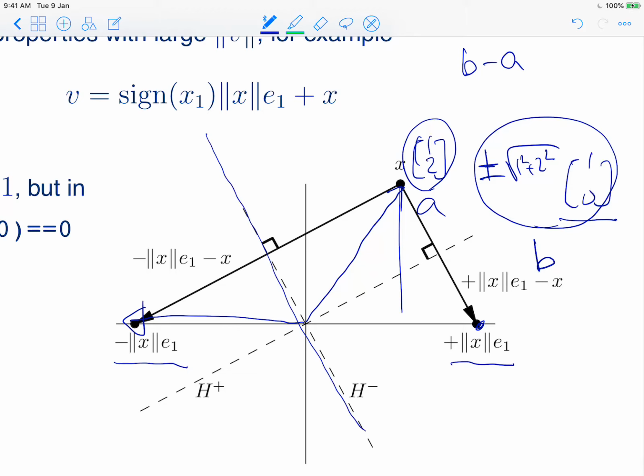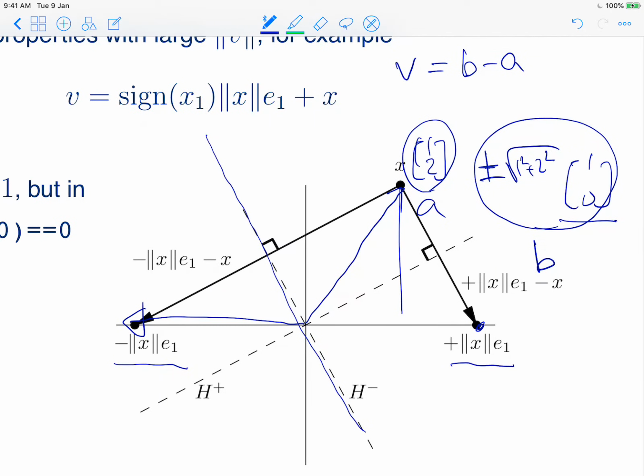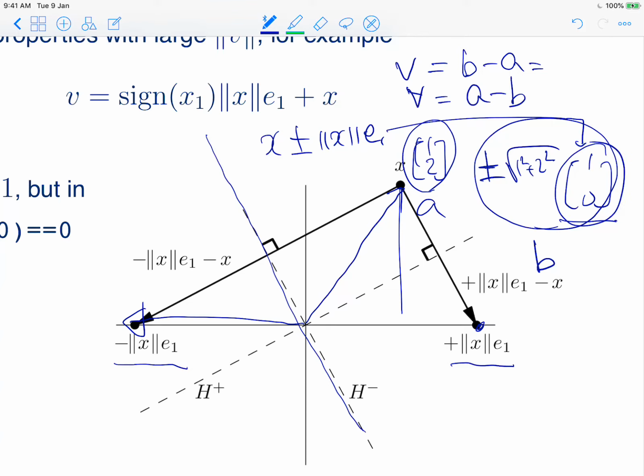Initially we considered V as B minus A, but it can also be represented as A minus B, right? Because the direction doesn't matter when performing this projection. So we can represent it as X plus or minus the norm of X times E1, where E1 is this kind of vector.